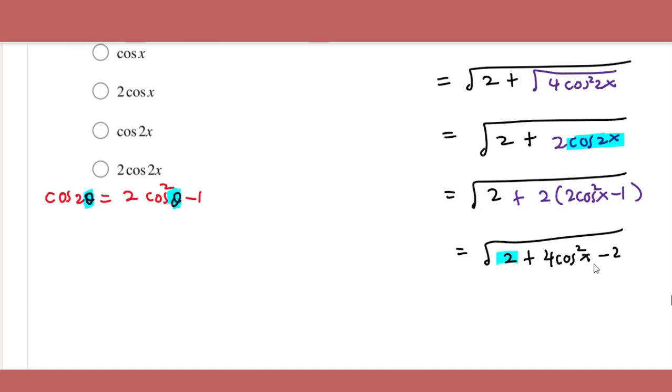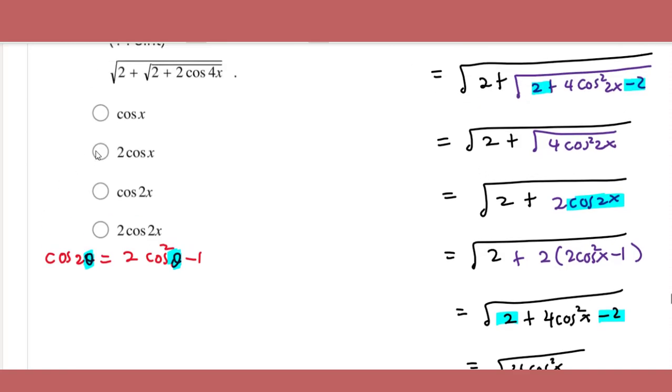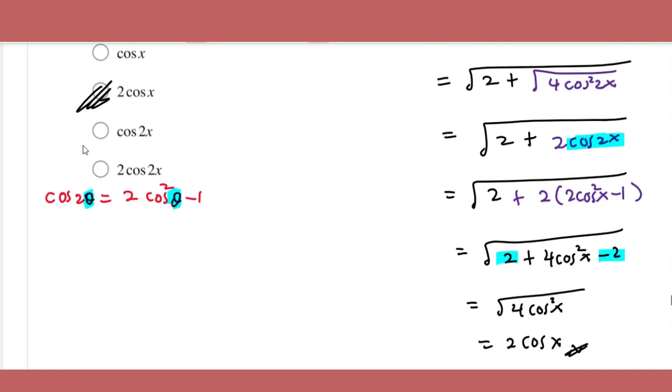So this can be cancelled. Now the answer is square root of 4 cos x squared, or 2 cos x. Answer is 2 cos x.